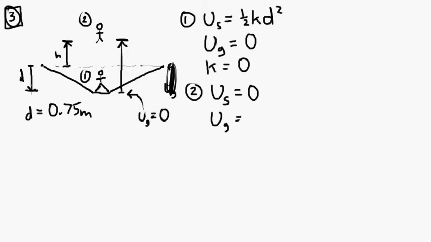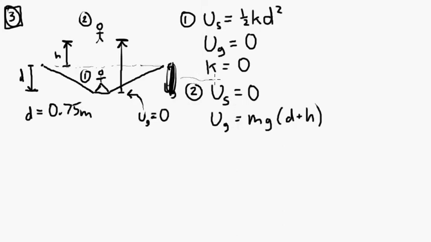In this case, he came up this distance d and then went up a further h. So this is going to be mg times d plus h. And this h here is what we're trying to find. This is how high he goes above the rest position of the trampoline.